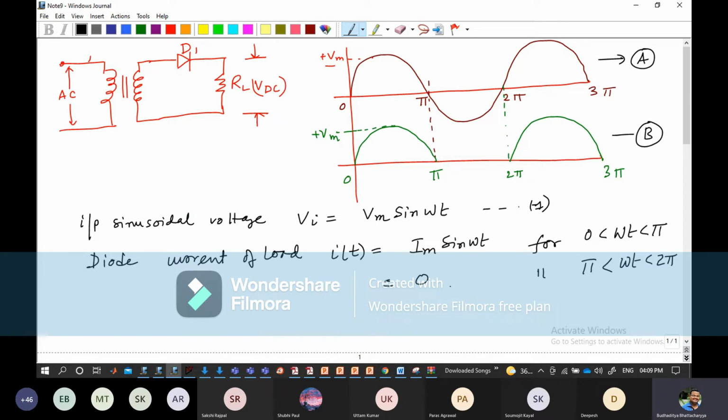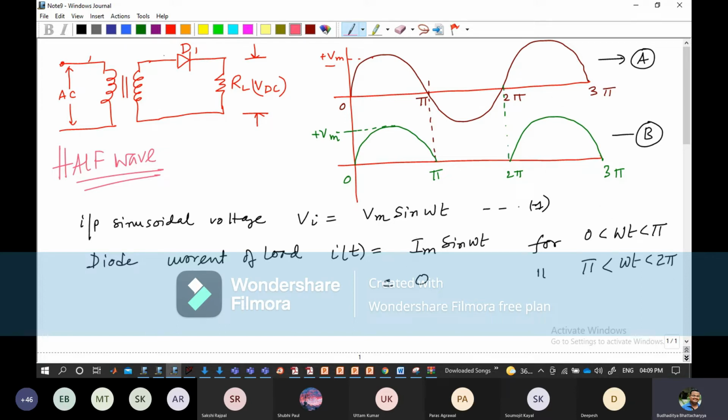If you observe the graph, we can see that during this period pi to 2 pi, there is no voltage associated with it. So naturally there won't be any current, because it's a reverse bias condition. Remember, we are doing this for the half wave scenario. So these are the two scenarios that we have with respect to current.